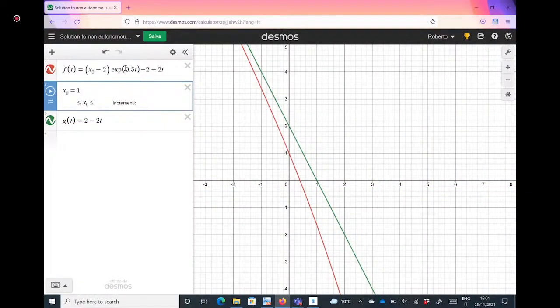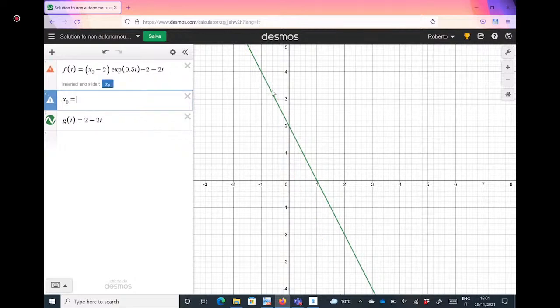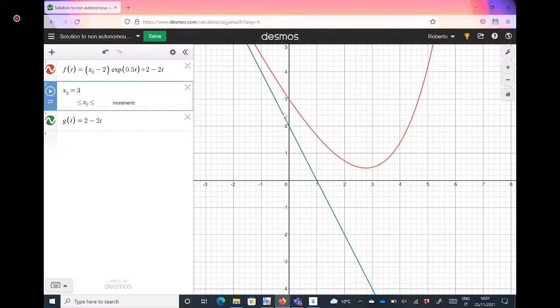Why is it unstable? Because 0.5 is positive. So the initial deviation from this level increases over time. There's a kind of instability here, and in fact our solution starts sufficiently close to this green one, but then it goes to a very different outcome.